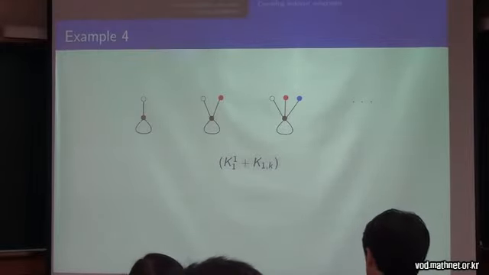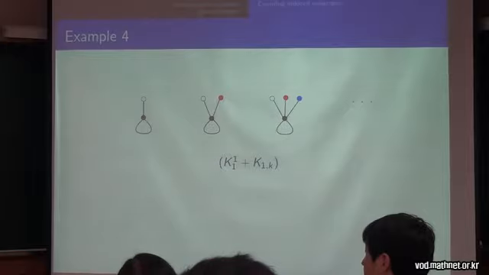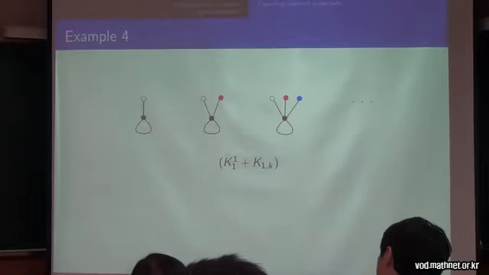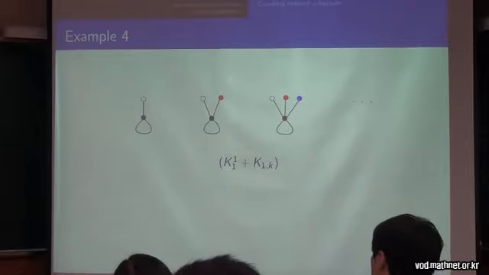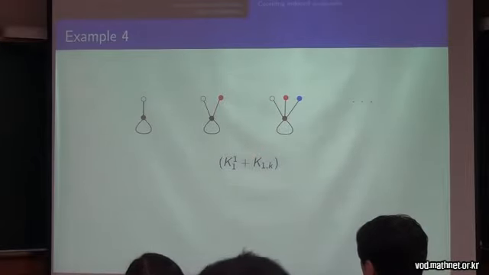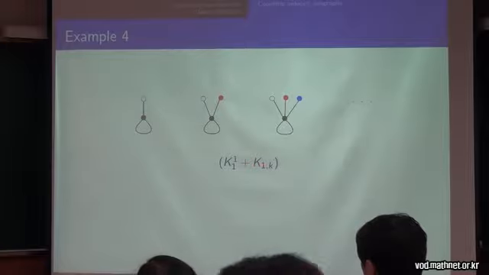This example, homomorphisms to this sort of graph. There's one vertex with a loop on it, and then I've got k independent vertices. So I've got a star K_{1,k}, and then a loop on the central vertex. So this is a star with a loop on its central vertex.